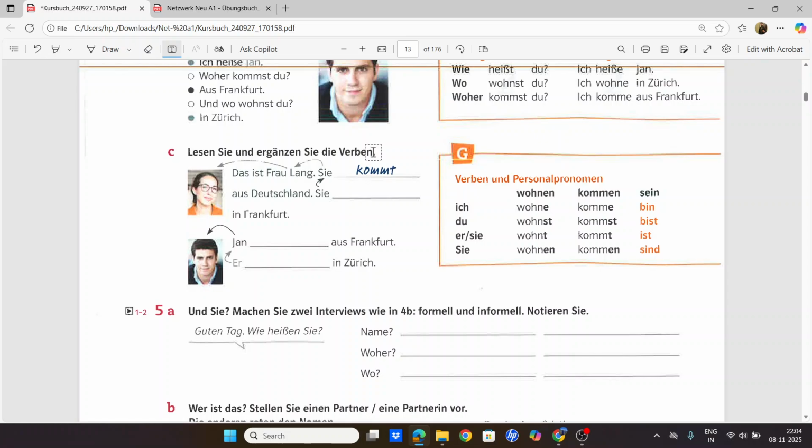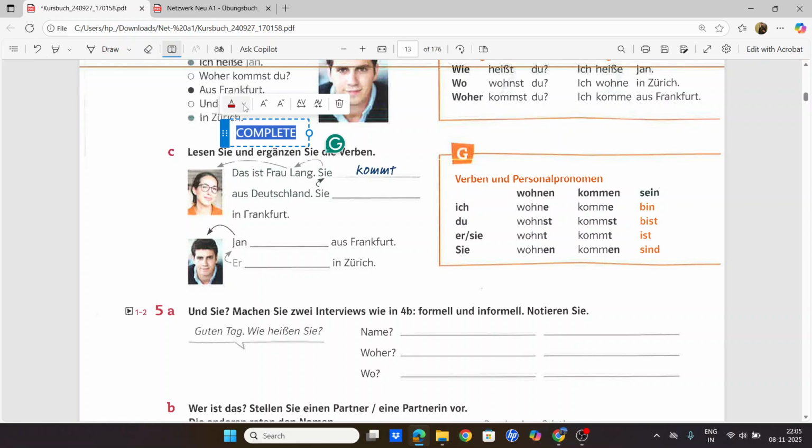It's not E, it's pronounced as A, but for now I won't go into that complexity. Ergänzen means to complete the sentence. I also googled it. So complete the sentence. You need to read the text and complete the sentence for this.